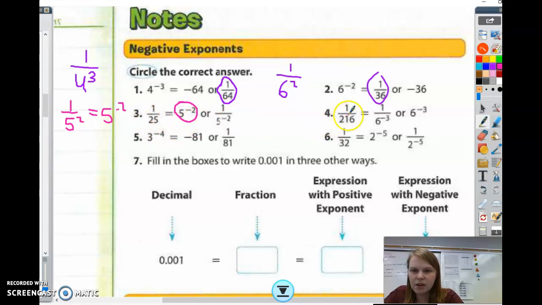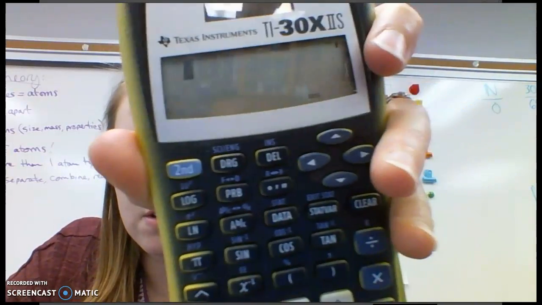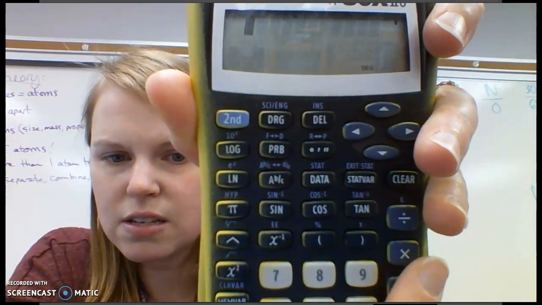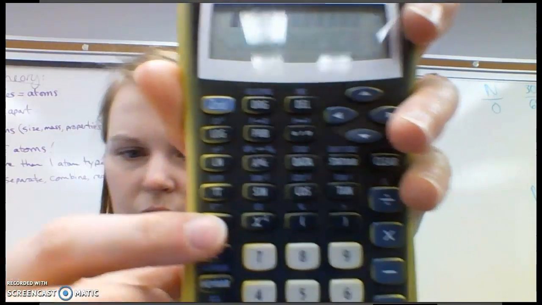Let's do another one. So 216. You'd probably need to do the cubed root of this. You can do that on your calculator. So on our calculator, I'm going to blow this up so you can see me a little bit better. On our calculator, you can do cubed root. What you need is this caret button here.